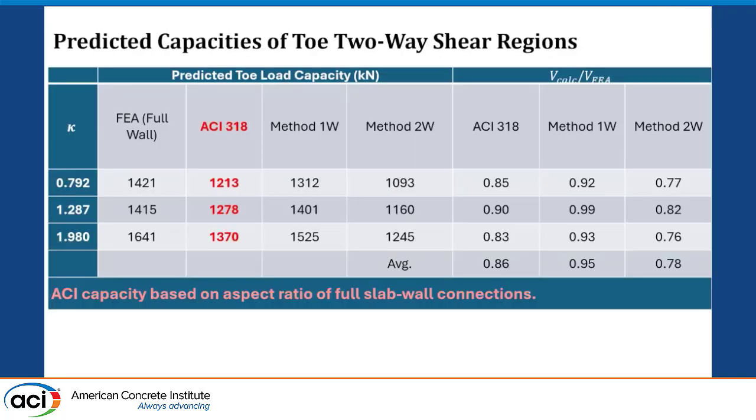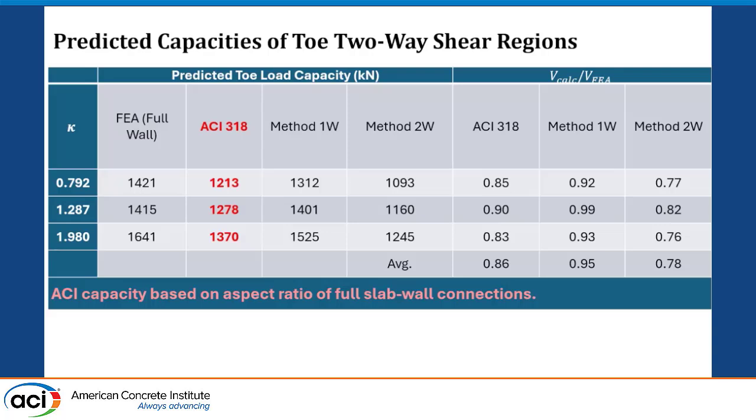So how does this compare to the finite element analysis and also to ACI? This is just the toe two-way shear region. For the predicted capacity of the toe in finite elements, ACI, and both methods are quite comparable. Actually, the method we propose as method 2W is more conservative than method 1W.